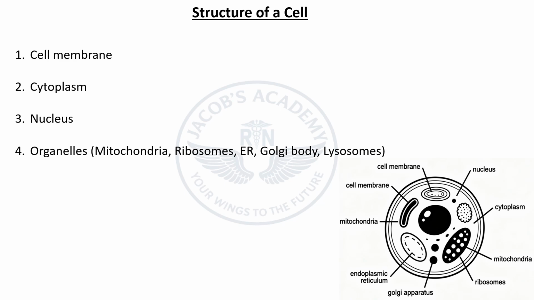At the center of the cell, we find the nucleus, which acts as the control center and contains the genetic material DNA. So, in simple terms, we can say the membrane protects the cell, the cytoplasm performs activities, and the nucleus controls everything. That means the structure of a cell. So, here is a diagram for your reference.